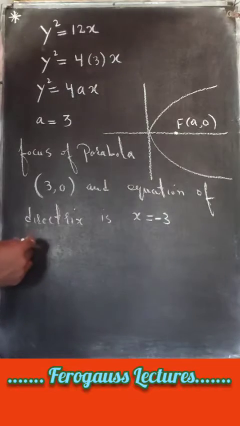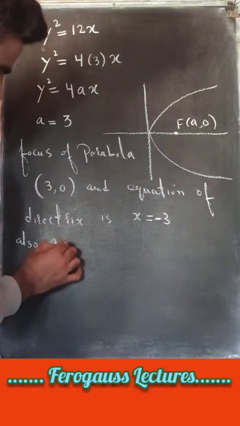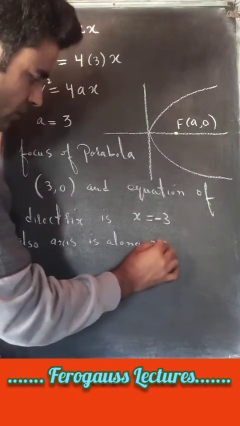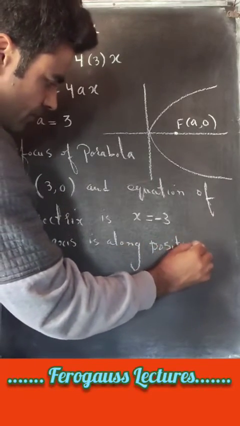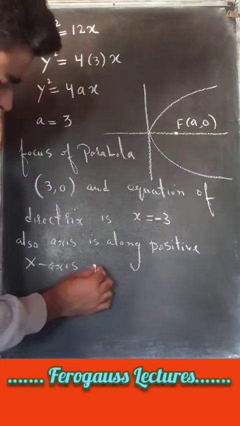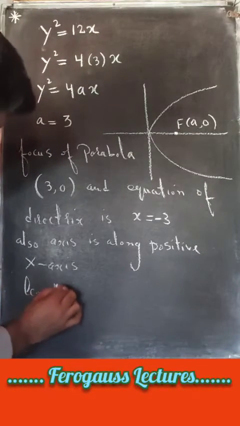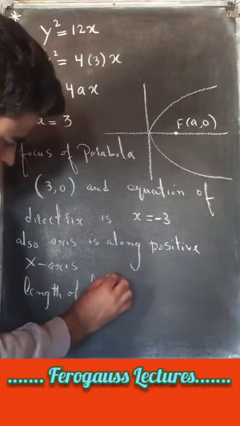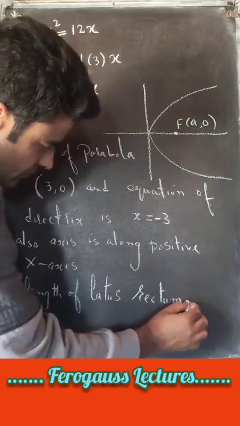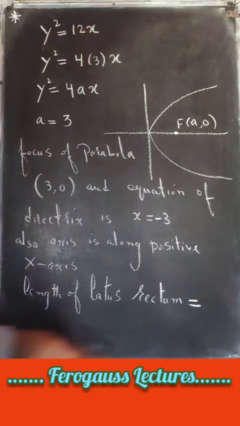Okay, and also axis is along positive x-axis, and length of latus rectum is equal to the absolute value of the coefficient of x, that's 12.